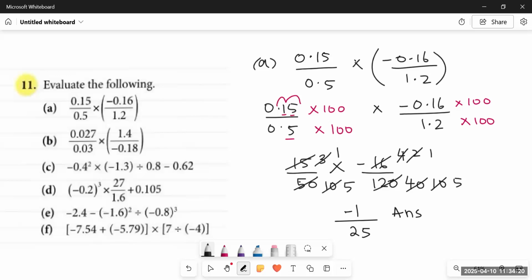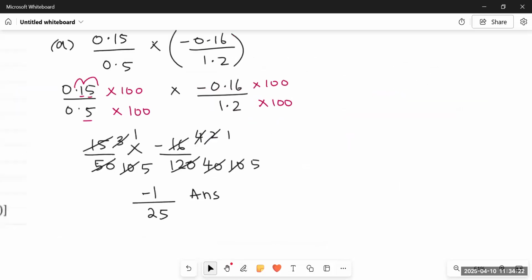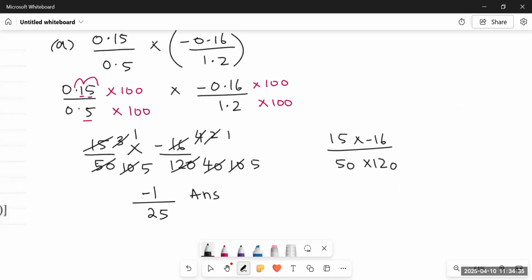And students, if you like to multiply first, you can go for multiplication as well. Like you can multiply 15 and 16 first. But I don't like doing this. Why? Because it makes our calculation way more difficult. Simplifying greater numbers is always more difficult than simplifying smaller numbers.